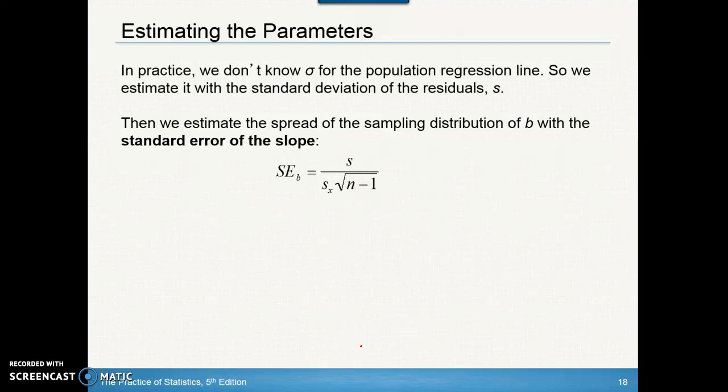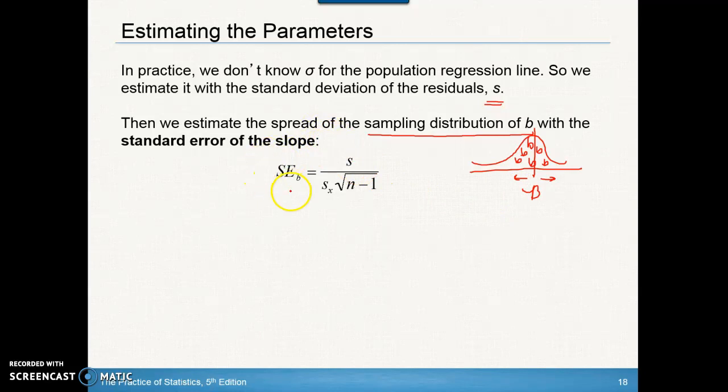So in practice, we don't know the population standard deviation for the regression line, so we're going to estimate it with the standard deviation of the residuals. When we estimate the spread of the sampling distribution of b, remember, we have all of our slopes in our graph here. The mean is going to be the population slope, and the standard deviation we're going to estimate.